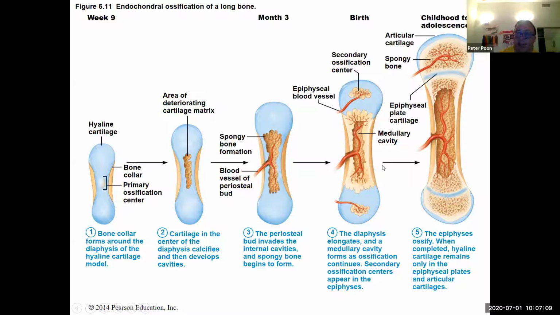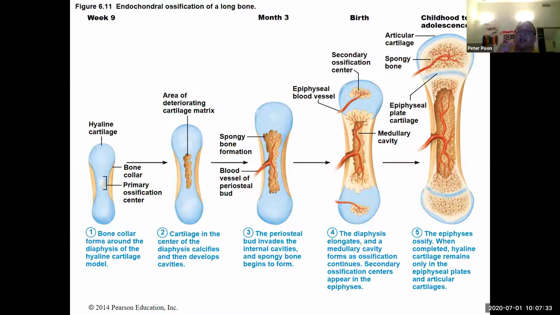As this process happens, the bone is actually growing longer in cartilage. What happens next is the center of the diaphysis calcifies and develops a cavity. You can see it turning into bone right in the center here.